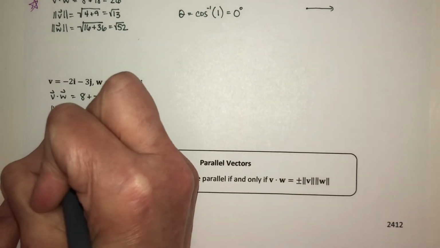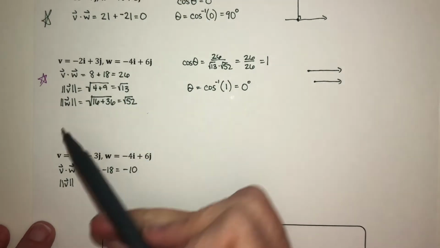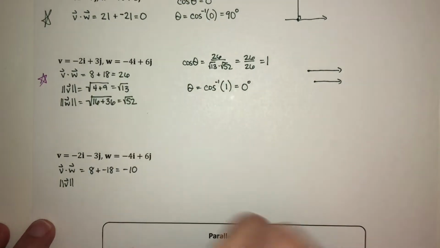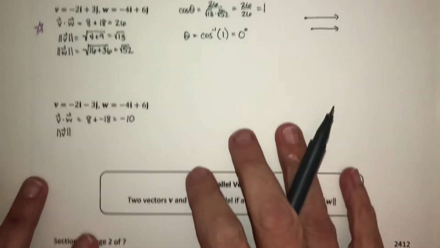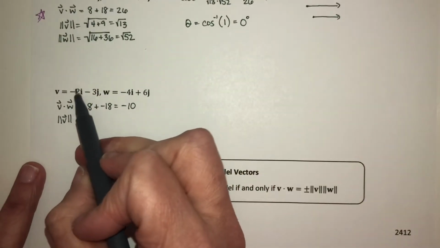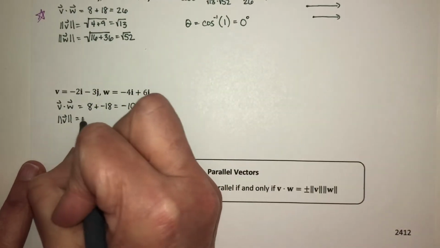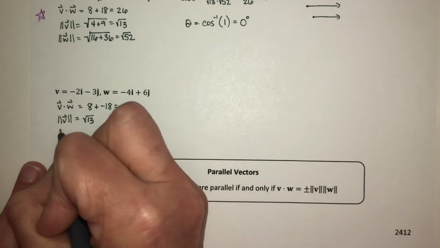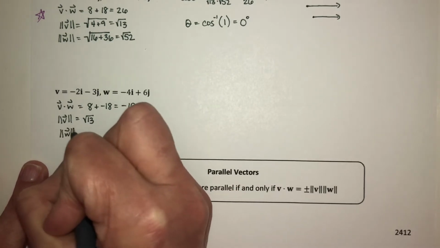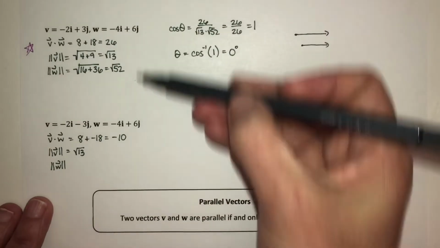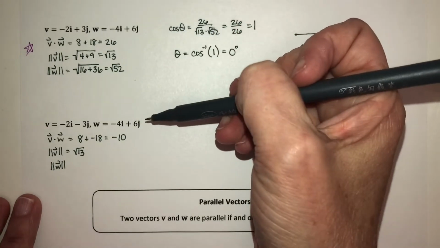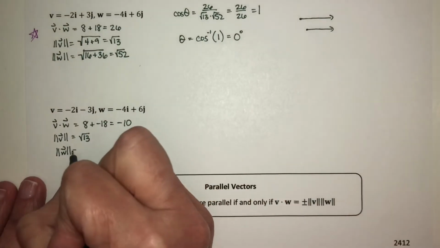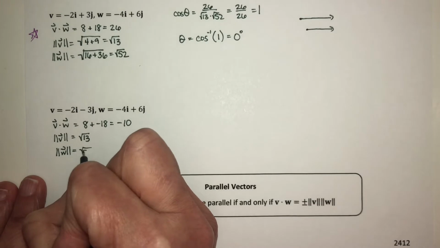The magnitude of v is actually going to be the same as up here. The signs don't particularly matter because we're squaring them. We're still going to have the square root of 4 plus 9, which is the square root of 13. And the magnitude of w is exactly the same as this one, so it has the same magnitude, the square root of 52.